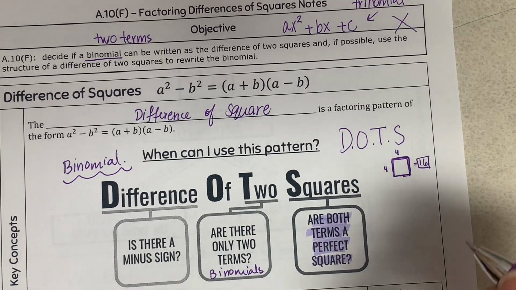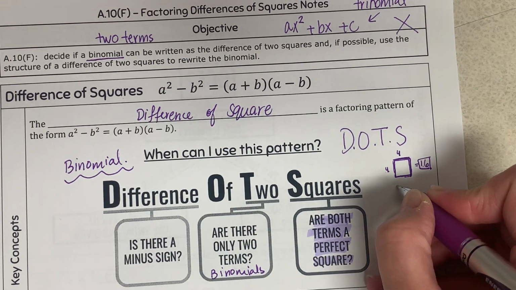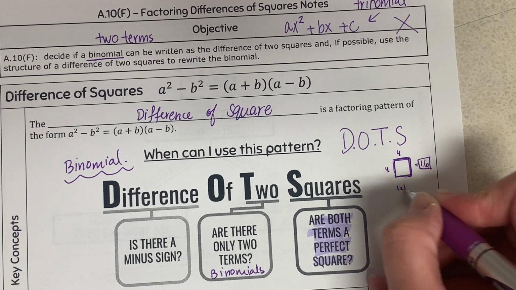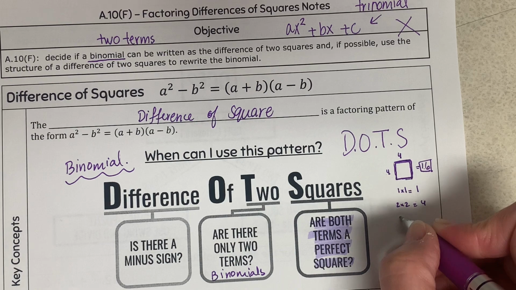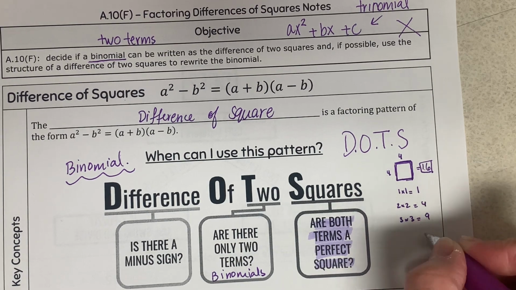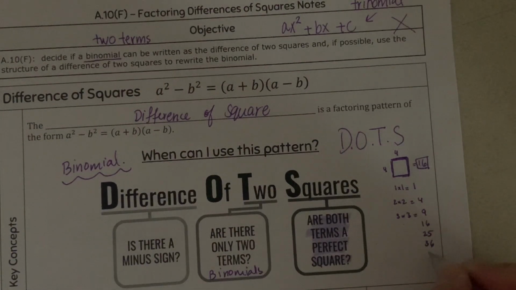I'm just going to list out some perfect squares, because memorizing the first 12 or 20 perfect squares makes your math easier. 1 times 1, kids usually forget this one. 1 times 1 is 1. 2 times 2 is 4. 3 times 3 is 9. Then 16. Then 25. Then 36. Then 49.